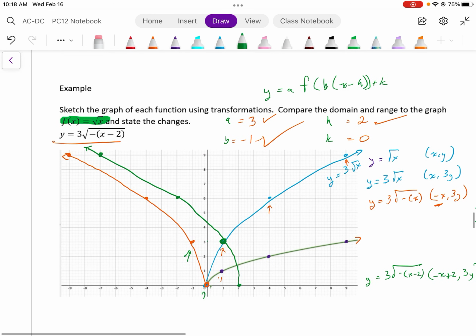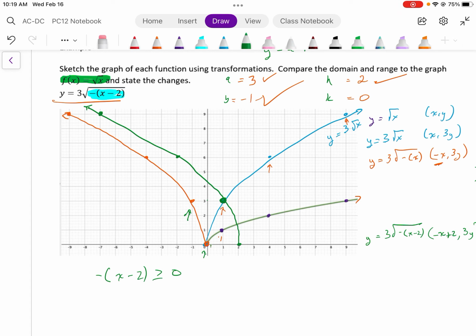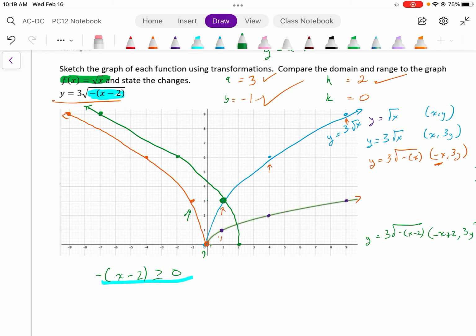Now, I'm just going to figure out the domain in a different way. Instead of working through all the transformations, let's look at our radicand. Really, the domain can be figured out where my radicand is greater than or equal to 0, because that is where x is allowed to occur. All other x values that are negative will be excluded when you try to take the square root of a negative number. So really, I just have my radicand is greater than or equal to 0.